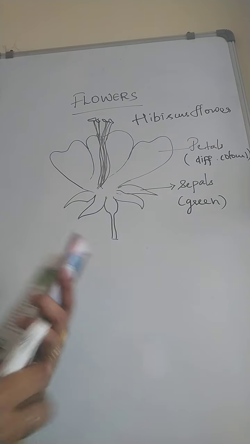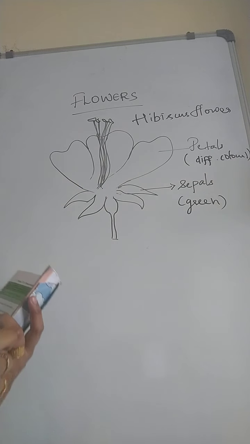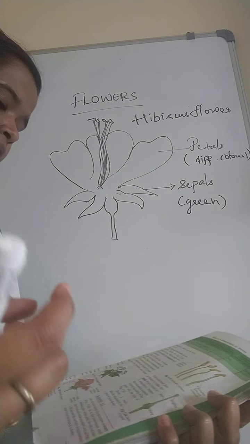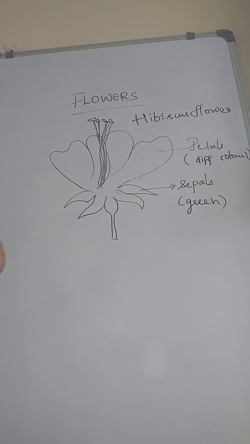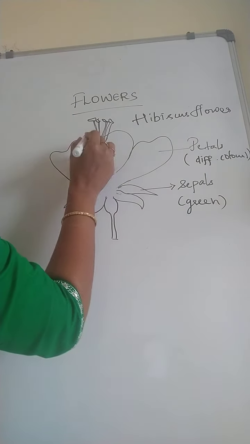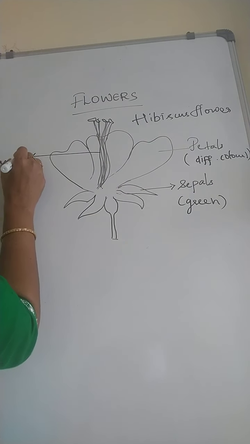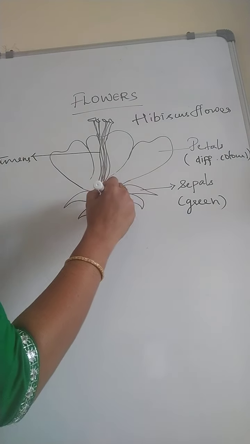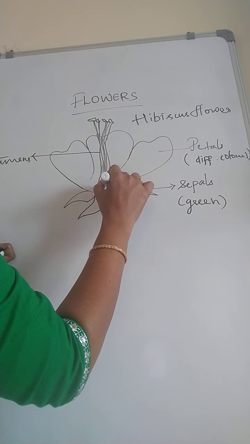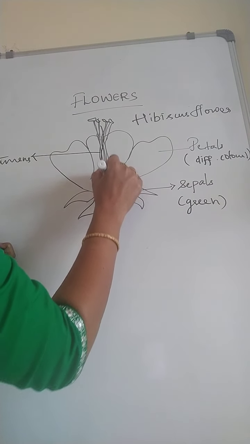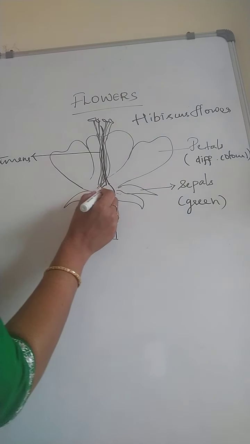So you can see not only petals and sepals, some other parts are there in the flower. They are called stamens and pistil. Okay. This rod-like structure is called stamens, and in between the stamens, this formation is called a pistil.